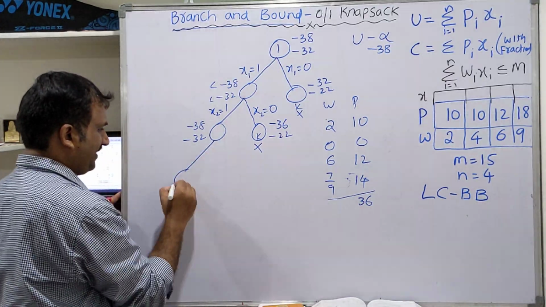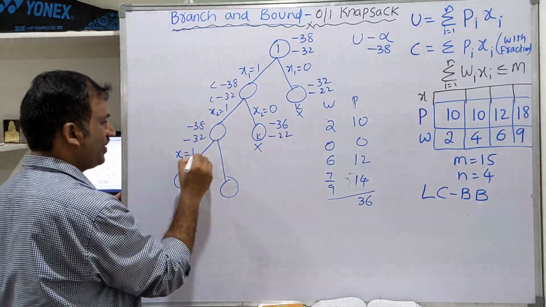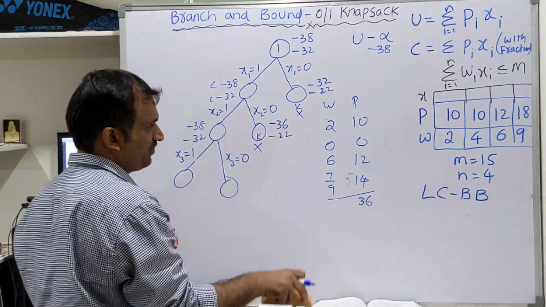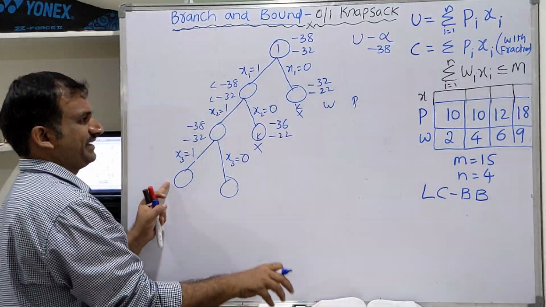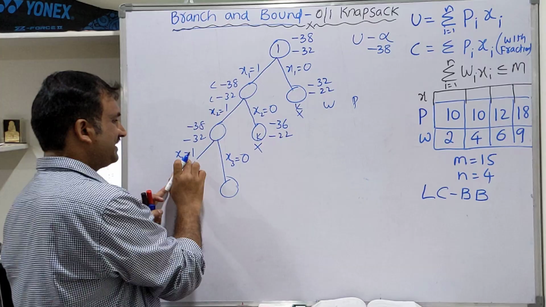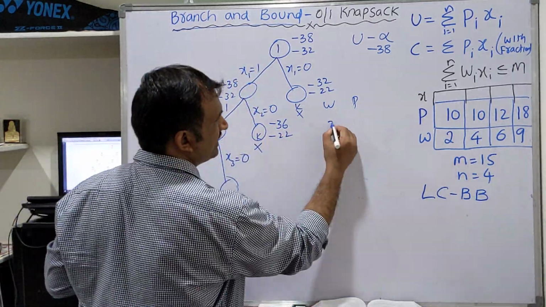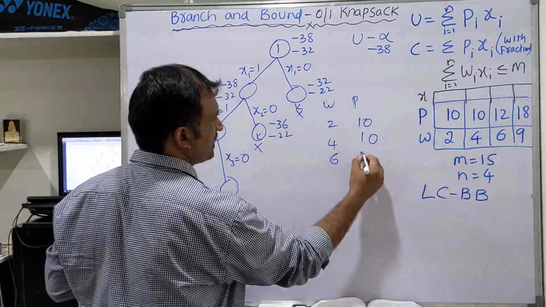Now once again, x3 is equal to 1 and x3 is equal to 0. For your confirmation, let me calculate once again for this side. Now consider x3 is equal to 1. That means consider first, consider second and consider third. That is 2, 10, 4, 10, 6, 12.